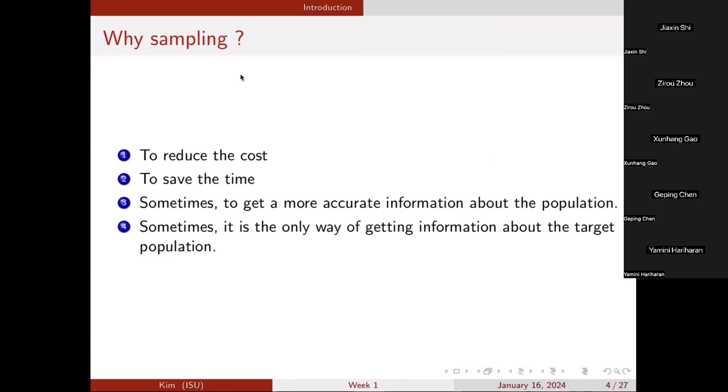If I have a sample size of 1,000 or 10,000, the cost increases with the sample size. So we want to balance accuracy and cost. Usually as the sample size increases, the error goes down, but the cost goes up, right? So we want to do some balancing.